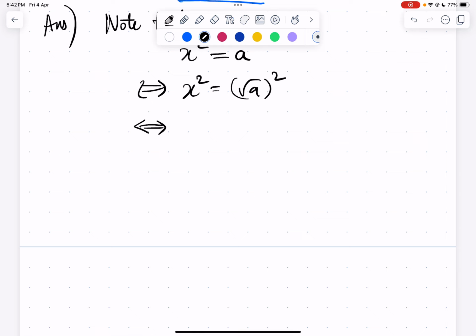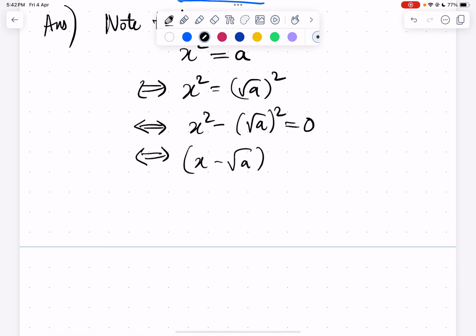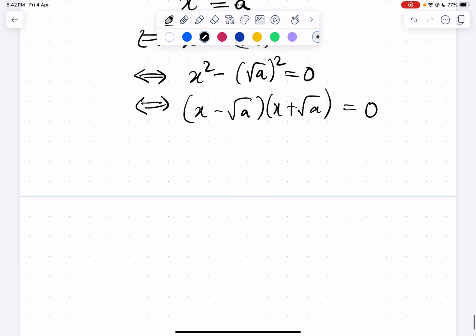This is same as saying x square minus square root of A whole square is 0. So this is same as saying x minus square root of A times x plus square root of A is 0, since A square minus B square is A minus B times A plus B. So this product is 0. Saying product of two real numbers is 0 is same as saying AB equals 0 is same as saying A equals 0 or B equals 0, right?